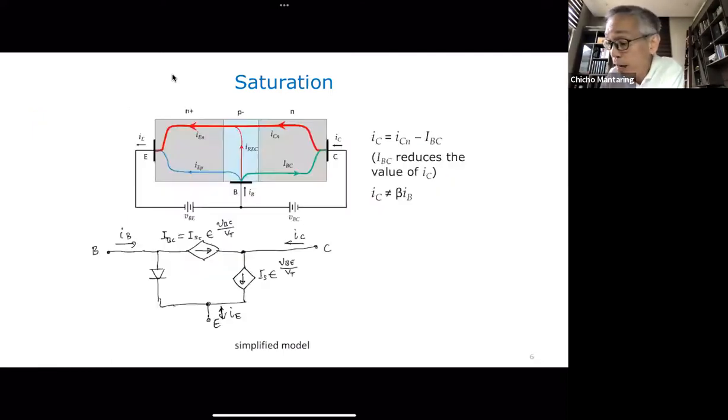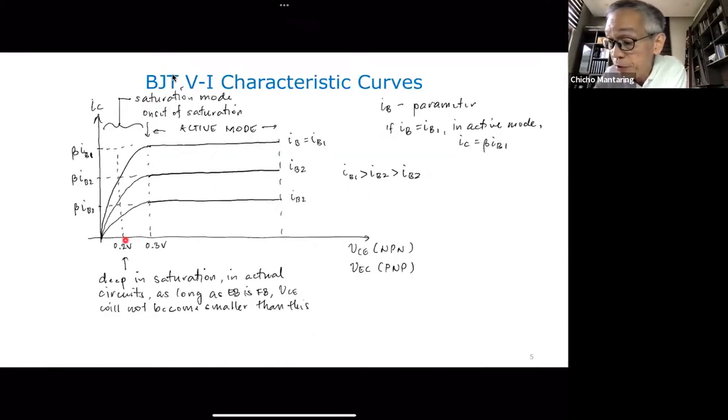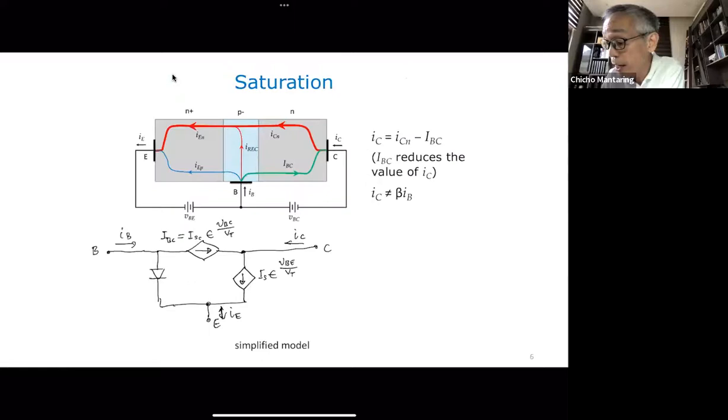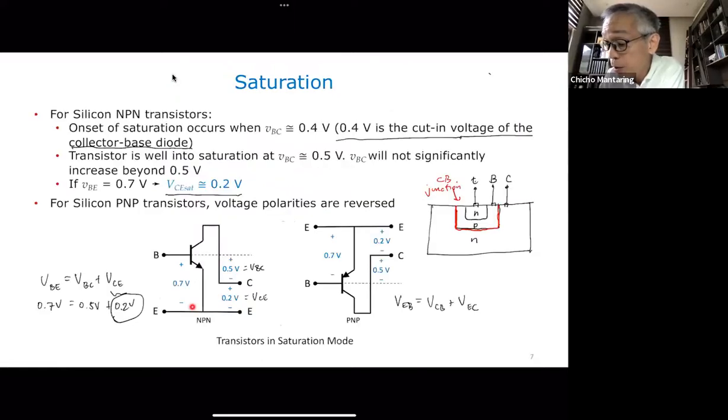So earlier I mentioned that in practical circuits, this voltage will not go smaller than 0.2. What is the reason for that? Because this 0.7 does not change. This cut-in voltage of the base collector junction also will not change from 0.5.